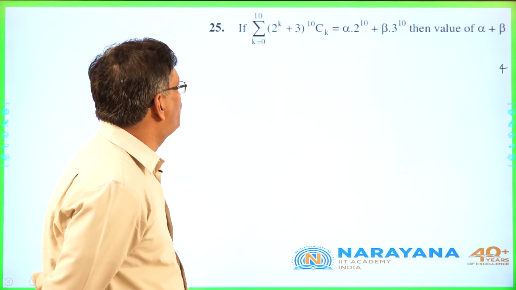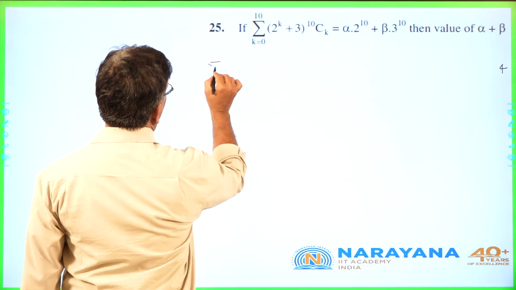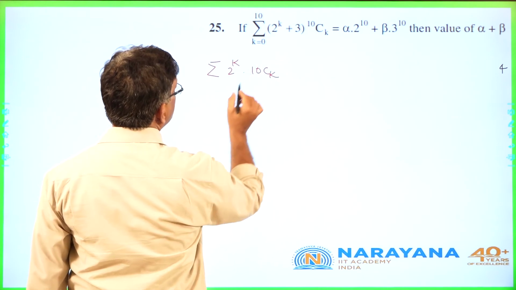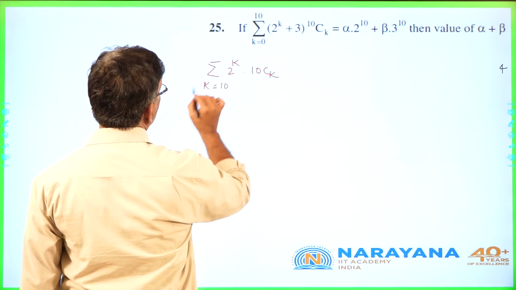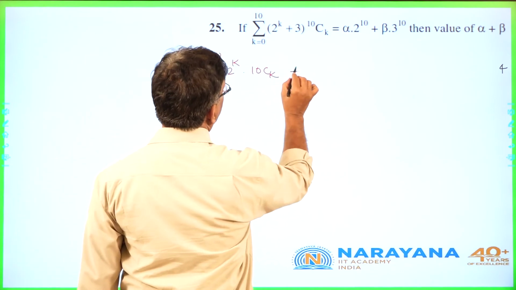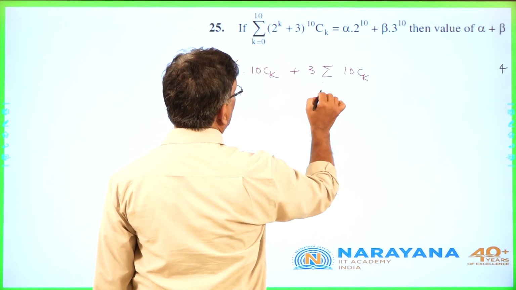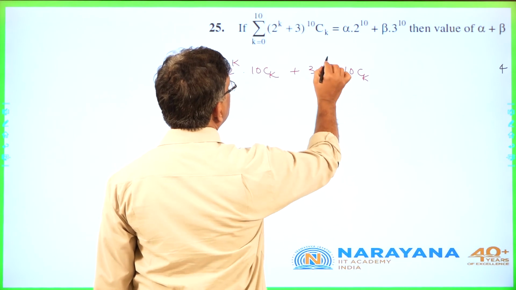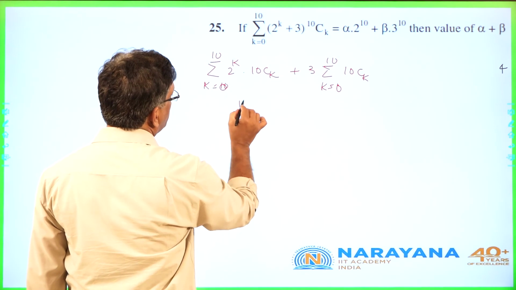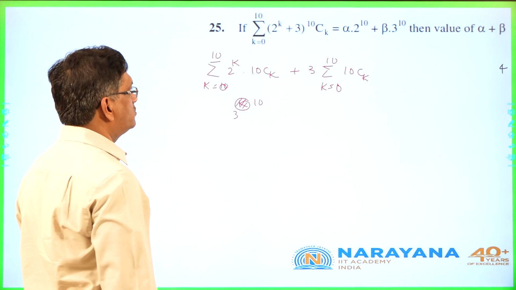A simple problem from the binomial theorem, that is summation 2 power k into 10 ck, where k runs from 0 to 10, plus 3 times sigma 10 ck, where k is 0 to 10. This is nothing but 1 plus 2, that is 3 power k, but k is nothing but 10 only, right?